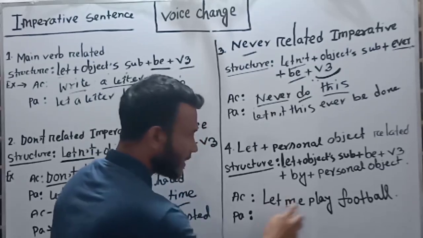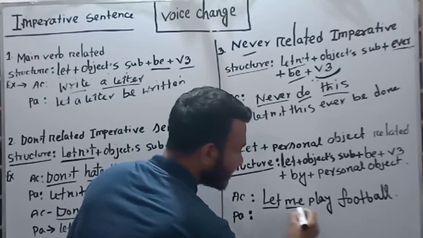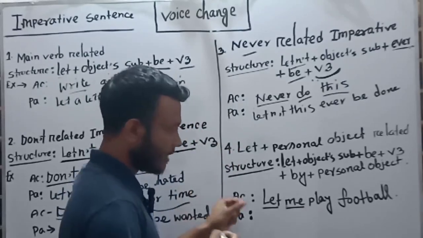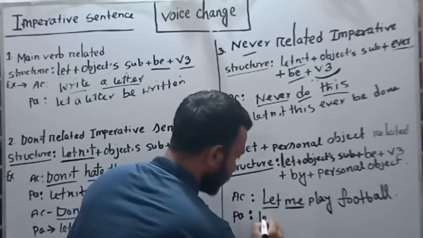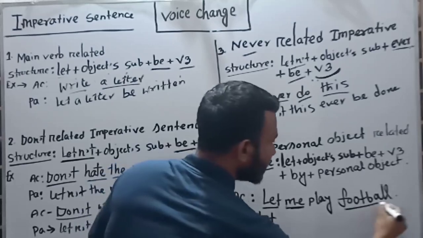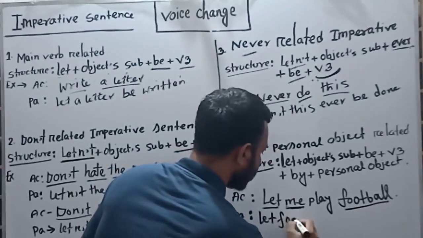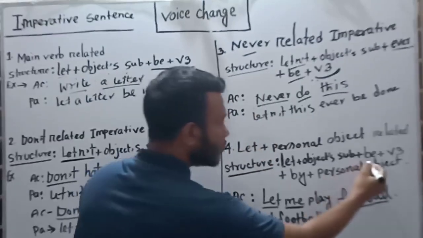Make this sentence passive. Let me play football. So you are getting let here, and this is your personal object. Let me is personal object. So you have to follow this rule. Write down your passive sentence by writing let, then use the object. It will be football. Let football, then use be.